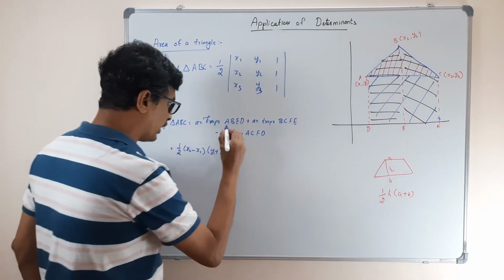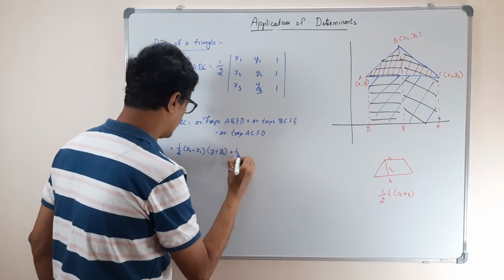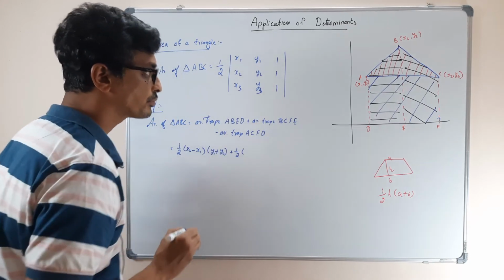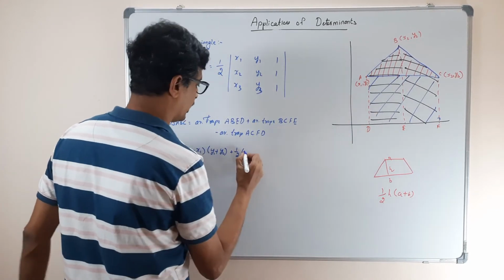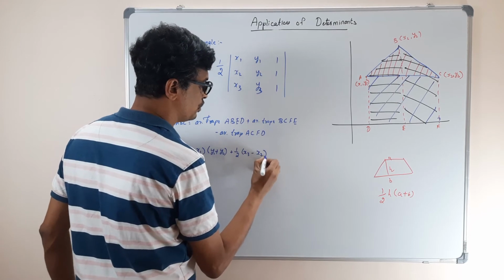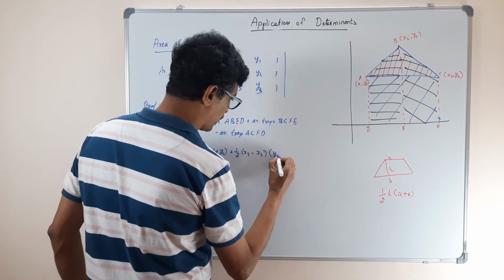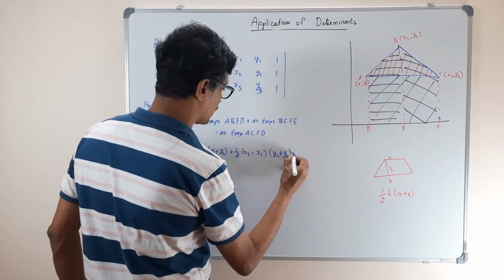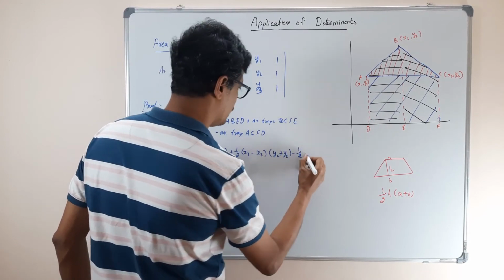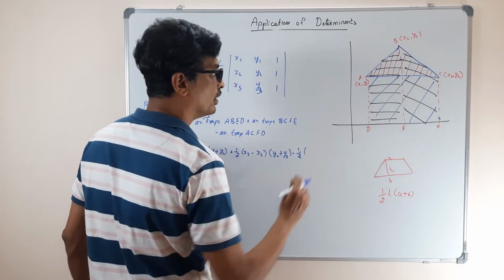And then plus half, and tell me what this will be? x3 minus x2 and y3 plus y2, correct, y2 plus y3. And the last one is minus half of this trapezium.